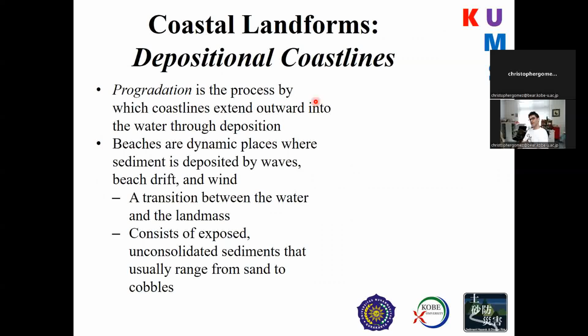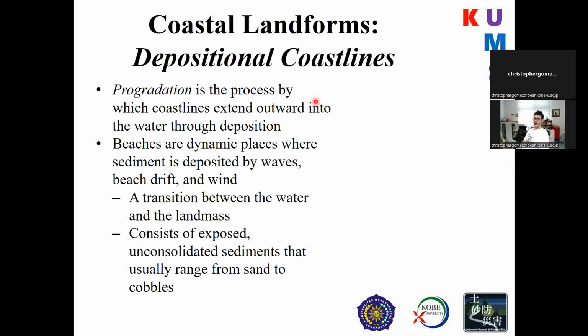Now, if we look at the opposite, this was erosion. Let's consider now deposition of coastlines. So first, when you think about progradation, it's the process by which coastline extends outwards into the sea, into the water through deposition.